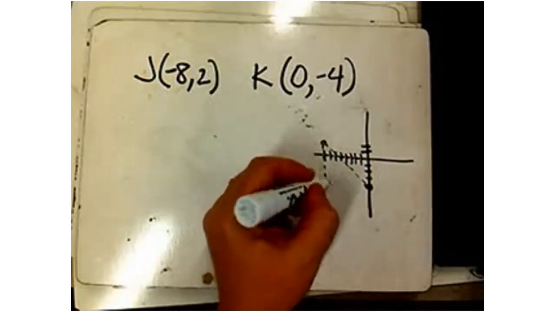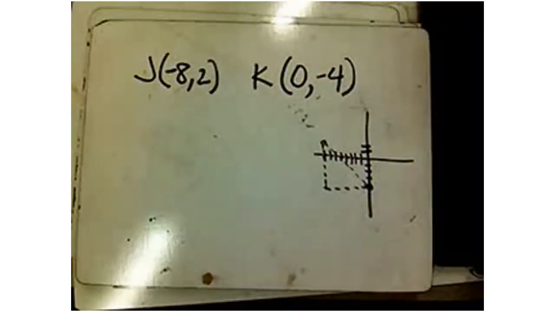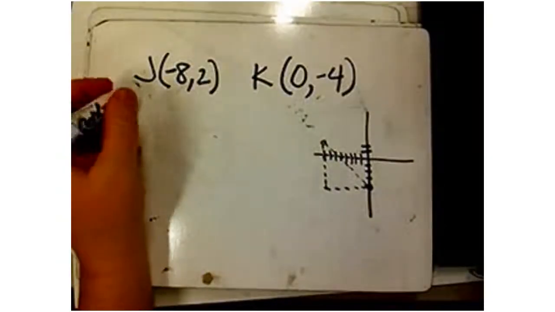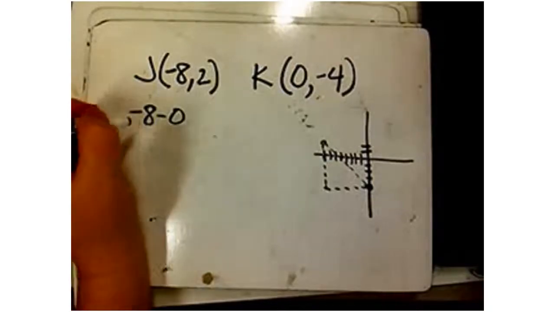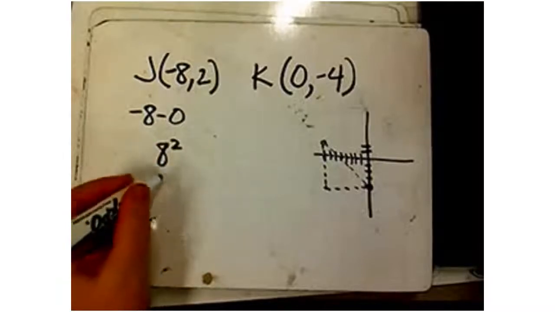So we have to make a right triangle and figure this out, because the distance between the 2 points is our hypotenuse. So one of the legs is the difference in our x values. So -8 minus 0, well, that's 8 places, isn't it? So we have 8 squared, or 64.